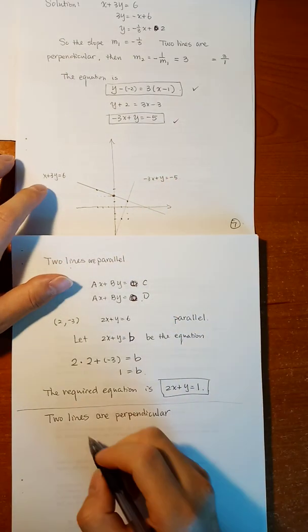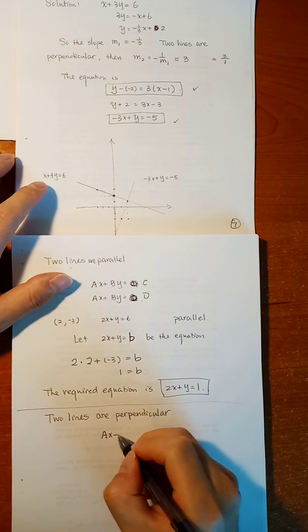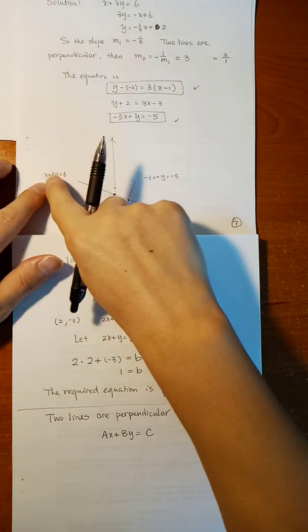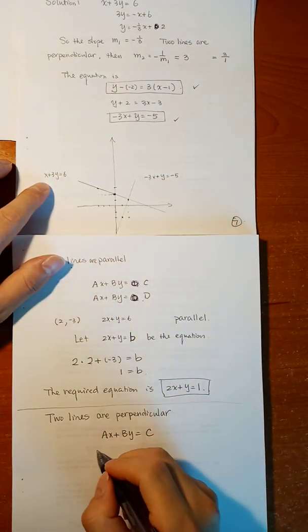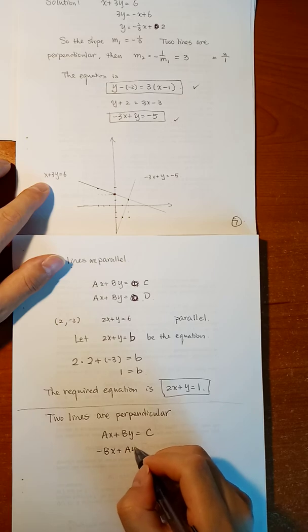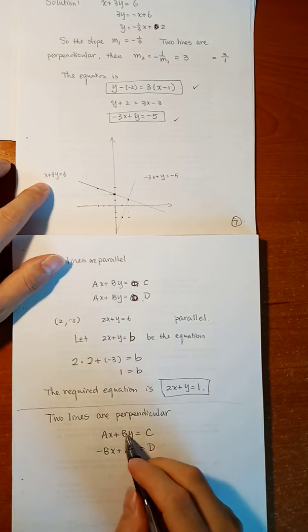If one line has the equation Ax plus By, the other line will have negative Bx plus Ay.